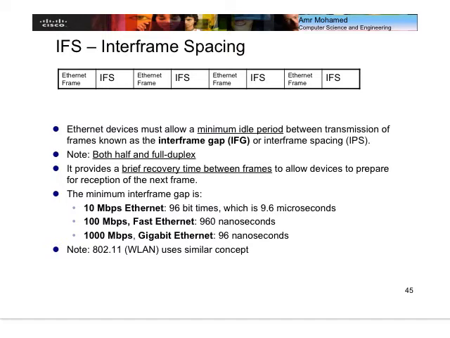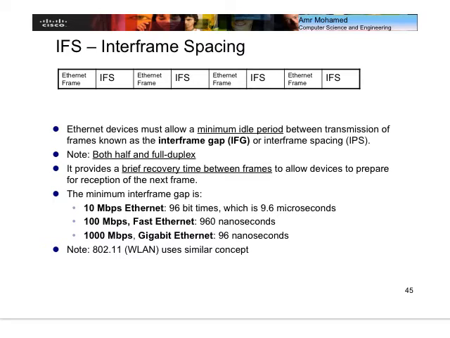That hardware has certain limitations: it needs some time to turn on and turn off receiving and sending. So that takes time. In order to compensate for this time, Ethernet defines what we call interframe spacing.